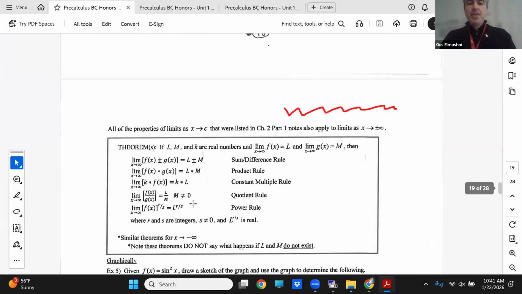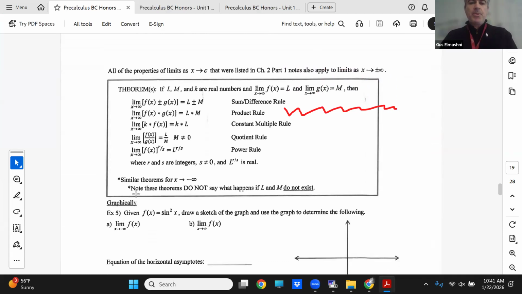Yeah. Okay. So the limit properties still apply. If x is approaching positive or negative infinity, these limit properties we had in the earlier part of the notes when x is approaching a finite value, you can still use the same limit properties. It doesn't matter. But this is only true when we know what the individual limits are.